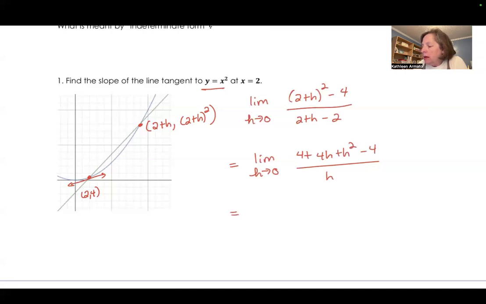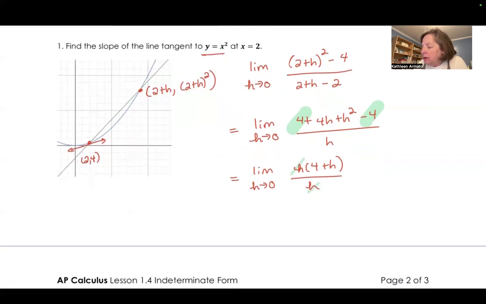Well, notice that the 4's cancel, and so I'm just left with the limit as h approaches 0, and that numerator, I can factor out an h. Why did I want to do that? Because those h's will cancel. So now I just have the limit as h approaches 0 of 4 plus h, and direct substitution works on that. I just get 4.